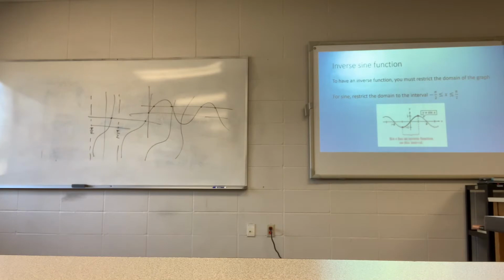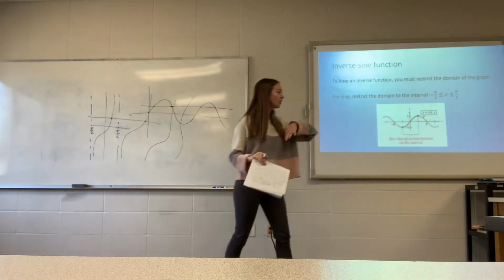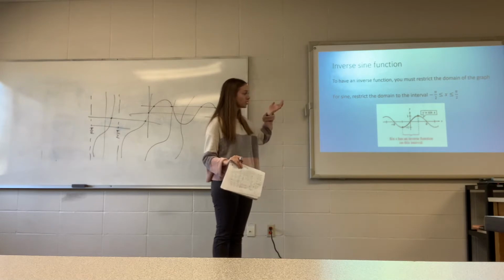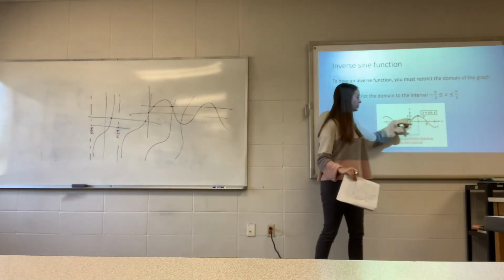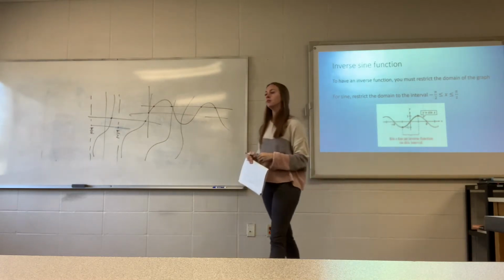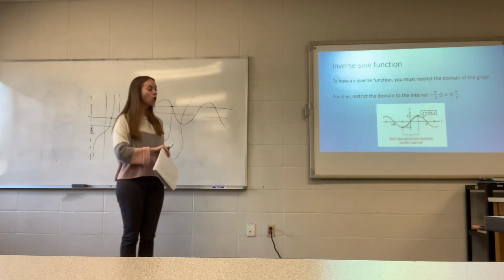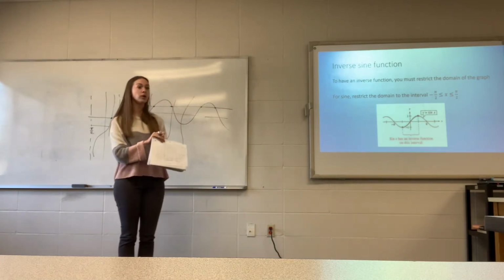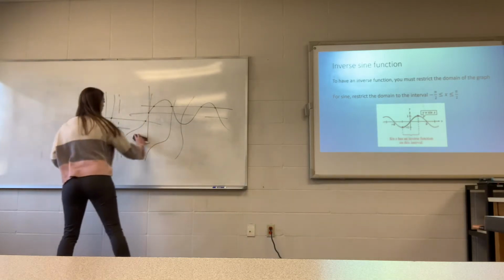For our sine function, to have an inverse, you have to restrict the domain of the graph. For sine, we're going to use from negative pi over 2 to pi over 2. It's just going to be this chunk right here.